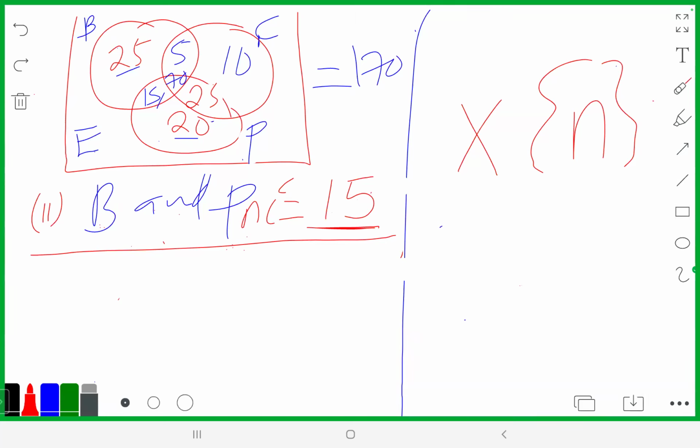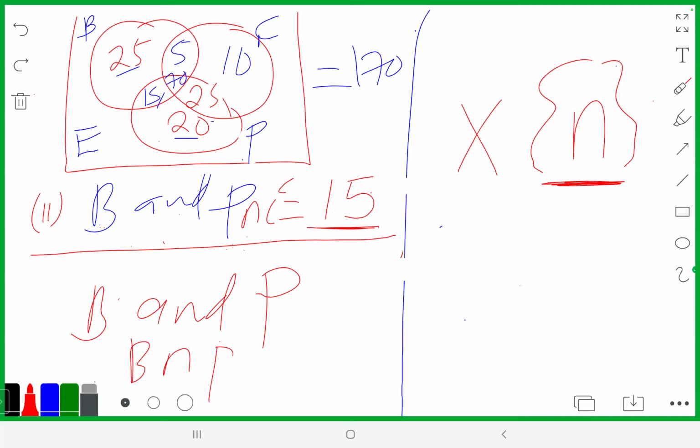I make another second point. I repeat. When you find the word "and", it means intersection in sets. So if you're asking for members of B and P, it is the same as B intersection P. Is that clear? So at that point, are we together? B and P is the same as B intersection P, like this.